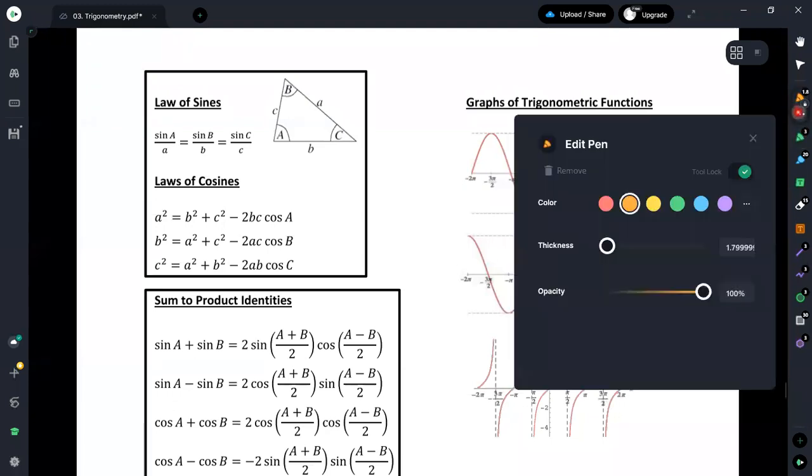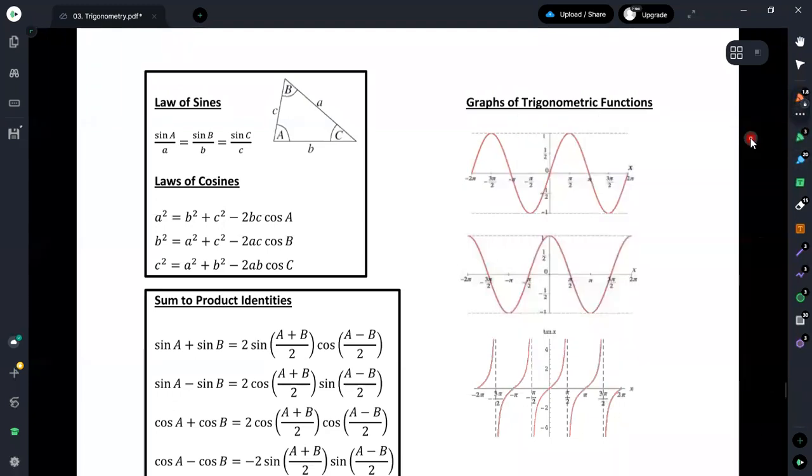Suppose you have sine theta, and you need to obtain the graph of sine theta according to the value of theta. Apart from theta, I will take it as sine x. Along the x-axis, the value of x has to be substituted, and the associated sine value for this x has to be obtained, and then it is plotted.